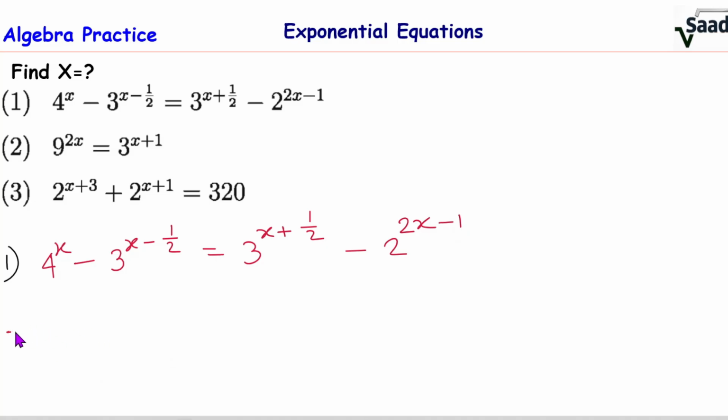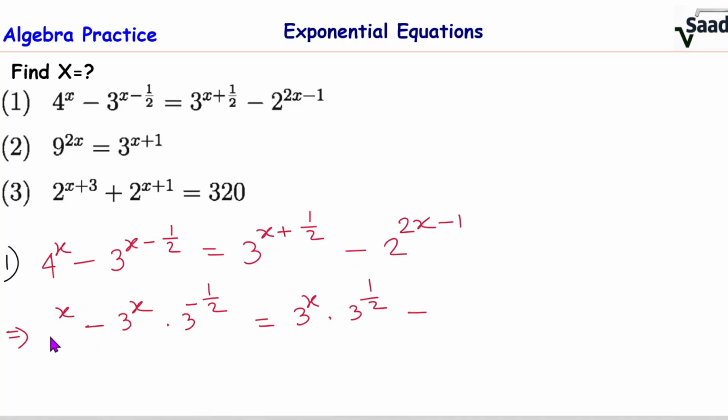So first, here is 4 to the power x minus 3 to the power x, we can write times 3 to the power minus 1 by 2, equals 3 to the power x times 3 to the power 1 by 2 minus 4 to the power x, or this 4 to the power x we can convert to 2 to the power 2. So we will convert this one.